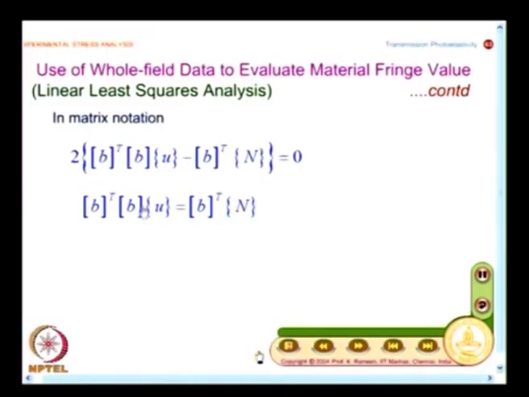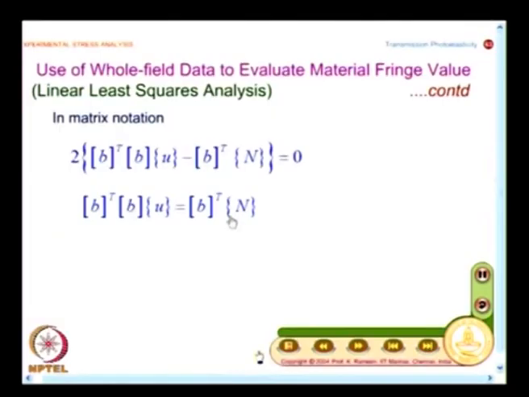And what is important here is that the matrices B, B transpose, U, N are very simple. They can be directly written down from your experimental measurement. There is no difficulty at all, and you have any number of Gaussian elimination procedures available. So, solving this is also very simple.